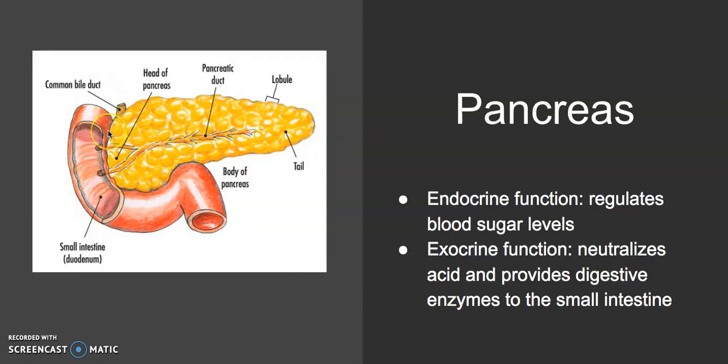But since regulating blood sugar levels has to do with the blood, which is all over the body, it also has to do with the liver, which is not next to the pancreas. This is considered an endocrine function. It's governed by hormones.